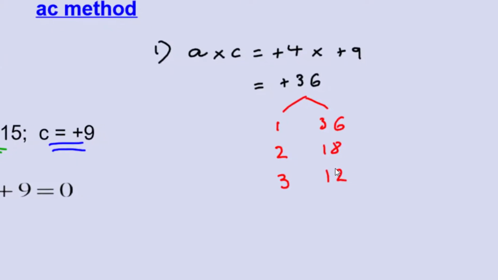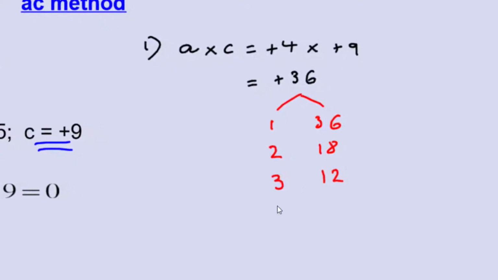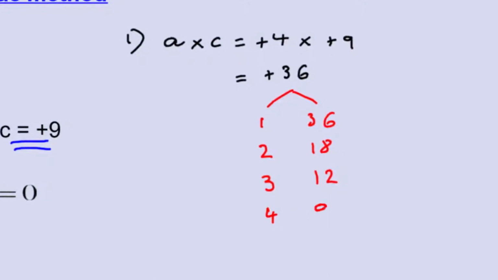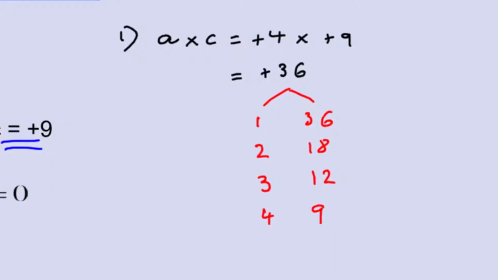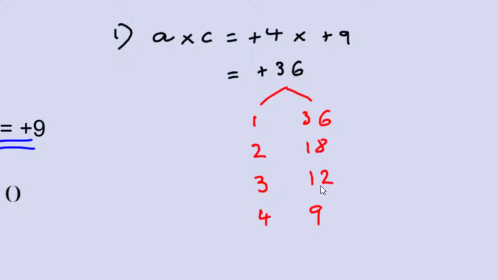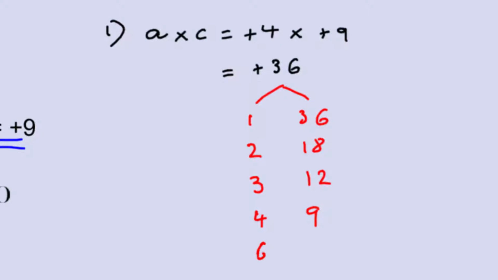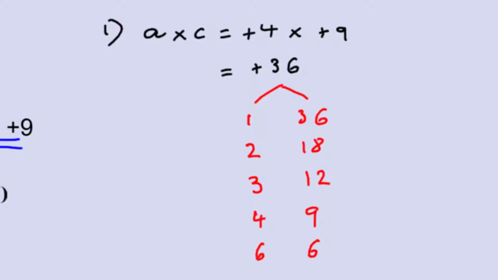For the next pair, 2 and 18, 2 times 2 is 4, 18 divided by 2 is 9, and then you can find the last pair finally, 3 times 2 is 6, and 12 divided by 2 is 6. So the last pair is 6 times 6, 36, and we found the whole list of factors of 36.